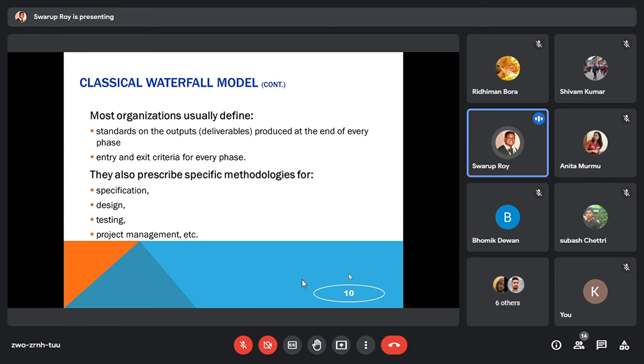There must be some form of documentation or other form of delivery. After coding there must be the developed code as well as documentation given to the testing phase. So after completion of every phase, something is transferred from one phase to the other.